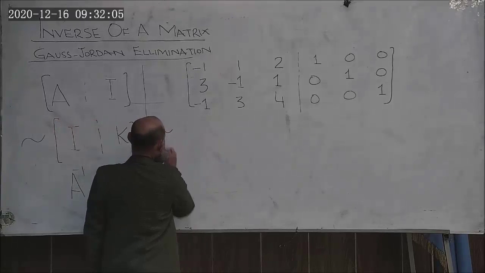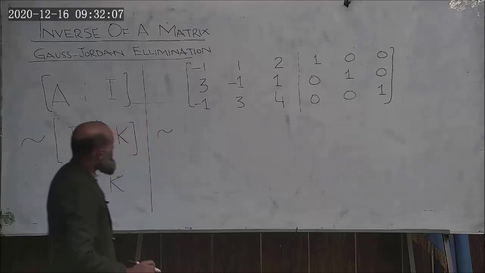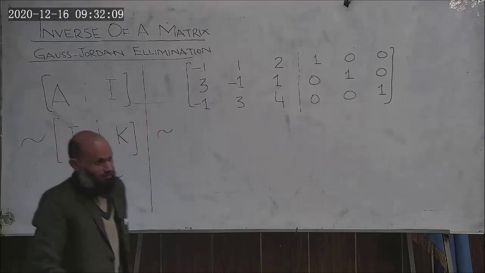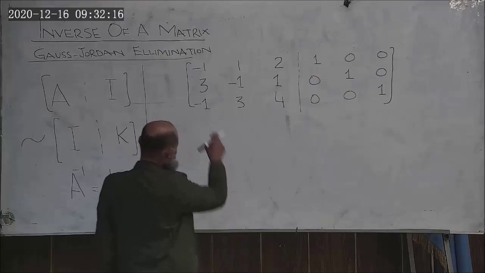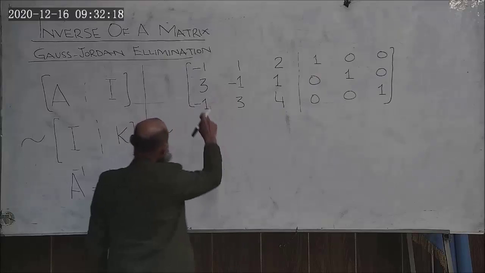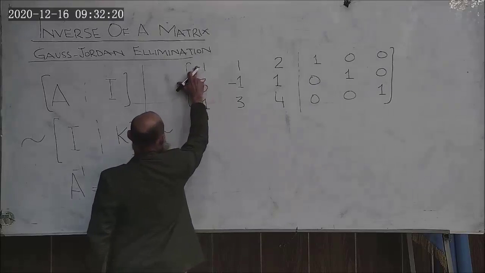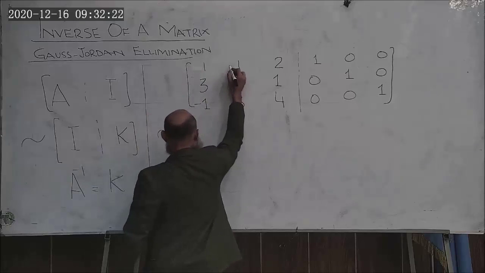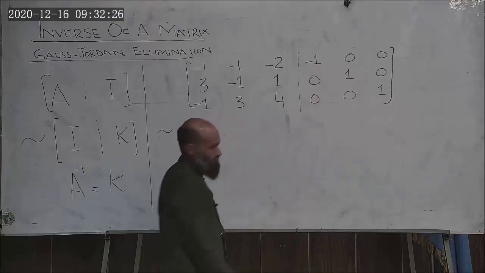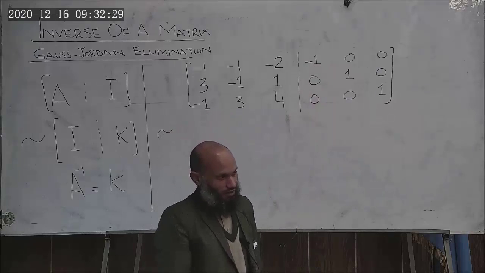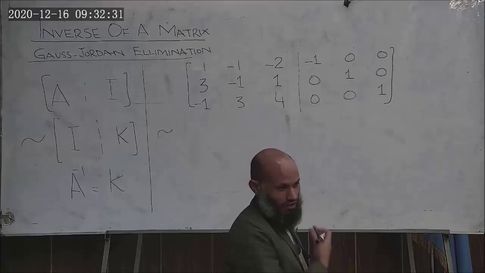So for that purpose, we can simply multiply the first row with -1, for example. So let's do some steps over here. So here it will become +1, -1, -2, and -1. You can multiply any row by a non-zero constant.